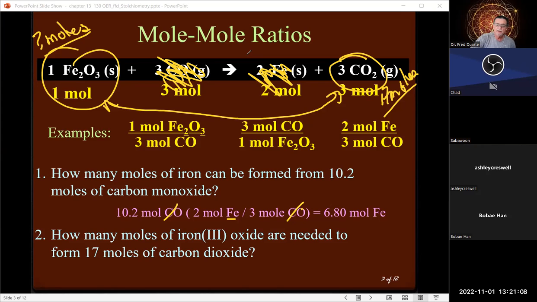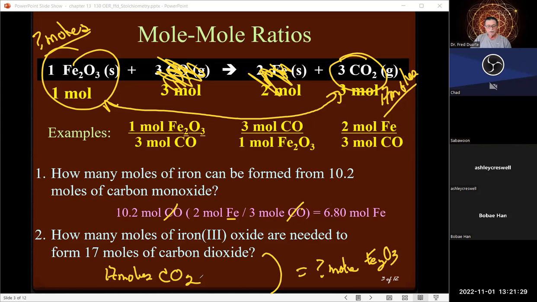So with that in mind, then we just plug in the information of what we are given. 17 moles of carbon dioxide, okay? We are looking for moles of iron(III) oxide. And so our balanced chemical equation needs carbon dioxide in the denominator and iron(III) oxide in the numerator, right?